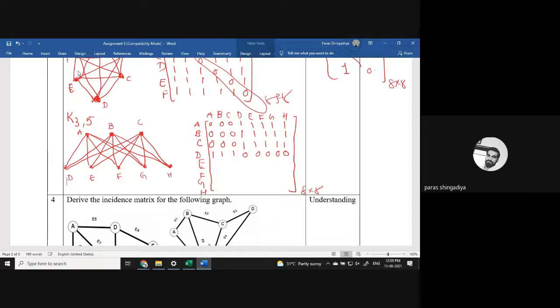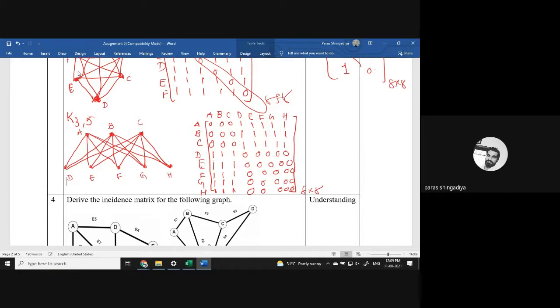Clear? Now that repeats here. E is connected with ABC, but E is not connected with D, E, F, G, H. F is connected with ABC, but is not connected with D, E, F. G is connected with ABC, but is not connected with D, E, F. And H is also connected with ABC, but not with D, E, F. So this matrix you will get.